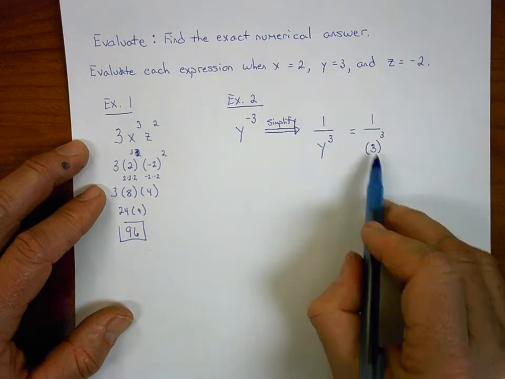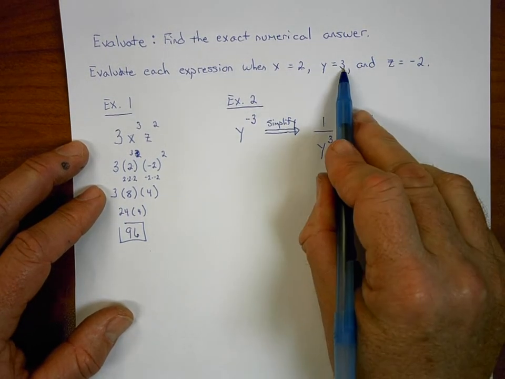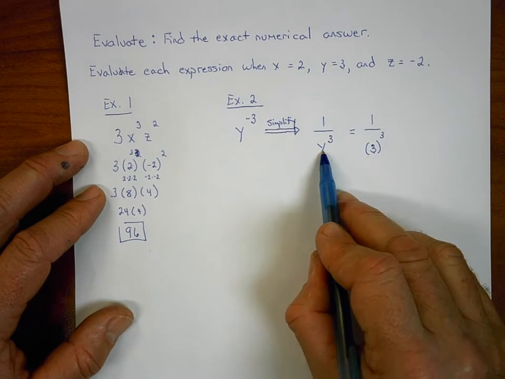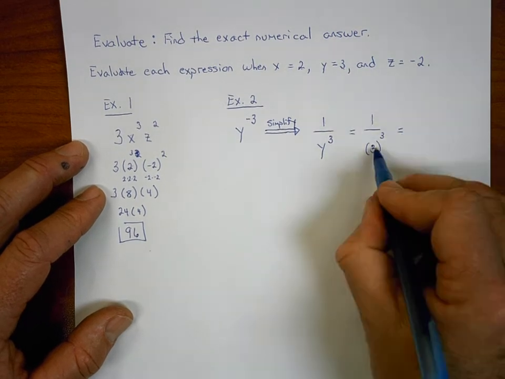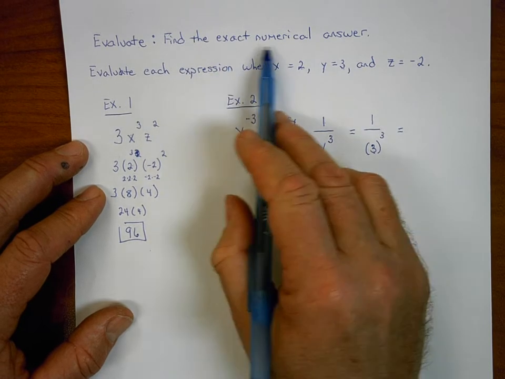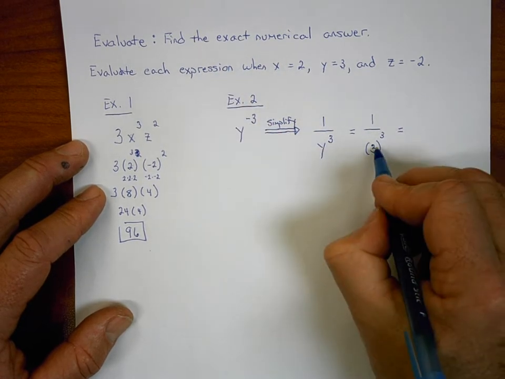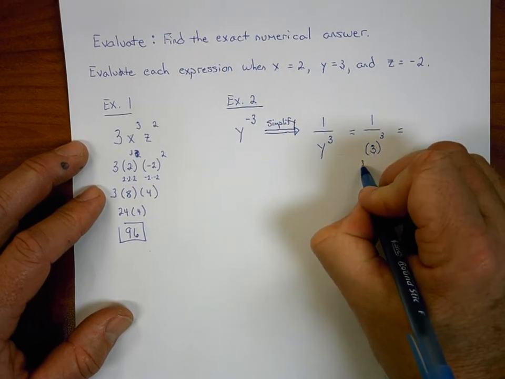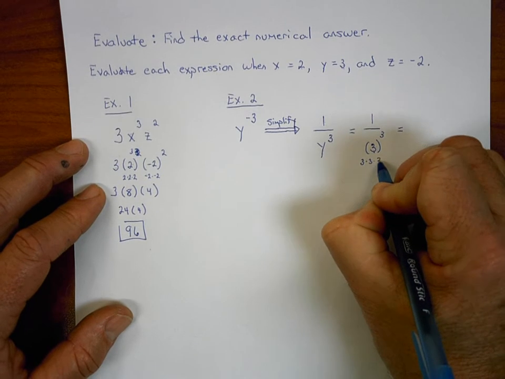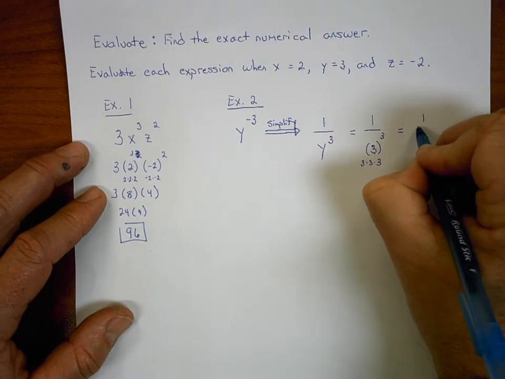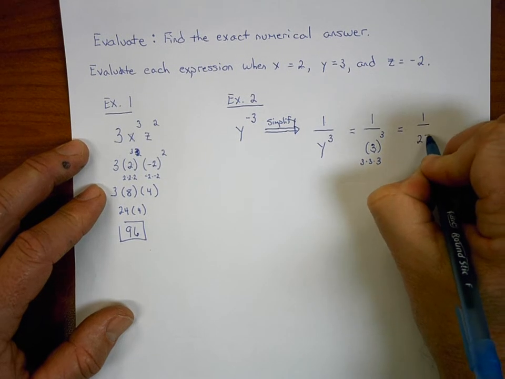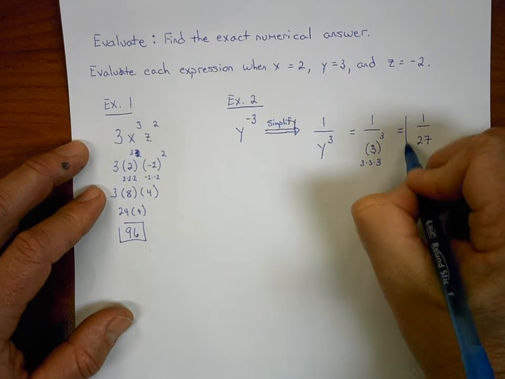Now once again, notice when I substituted the numerical value 3 in the place of y, I always use parentheses. And now I just work this out to get my final exact numerical answer. So 3 to the third power, that means 3 times 3 times 3. That's 3 times 3 is 9, 9 times 3 is 27, so this problem would evaluate to 1/27th.